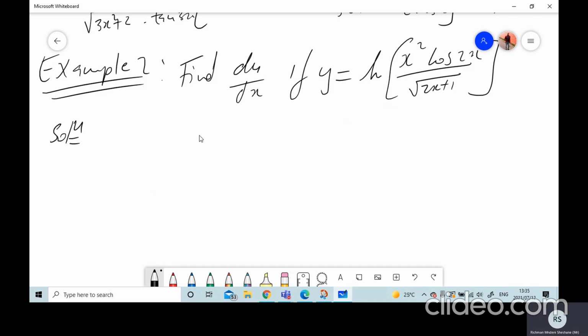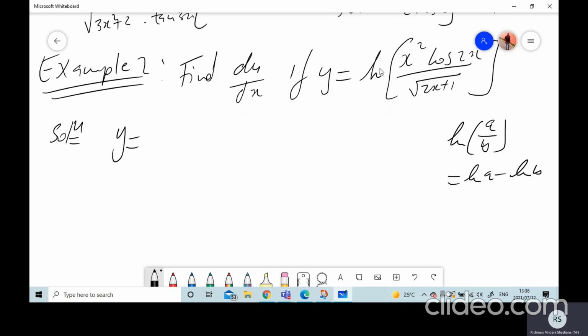Solution here. Okay, we have y equal to ln of a product and quotient of functions. So just apply the log properties first before you differentiate. So in this step you don't have to introduce ln. So y is equal to, I see this property, ln of a over b equals ln of a minus ln of b.